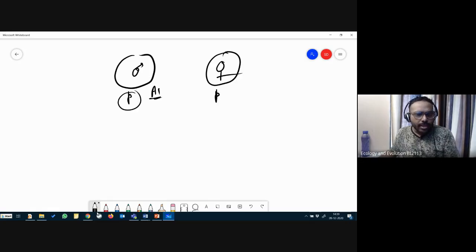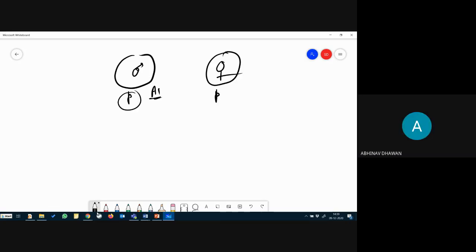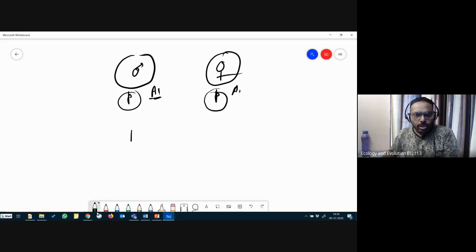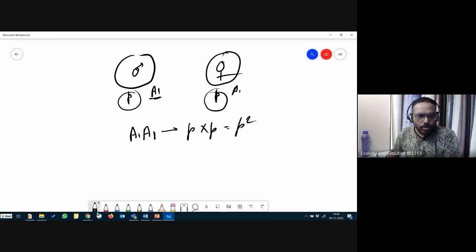P, correct? What is the chance that you have brought out a female gamete and that female gamete is A1? That chance is again P, correct? So the probability of forming an A1A1 genotype in the next generation is P into P, equal to P square. Agreed? This should be very familiar to you.